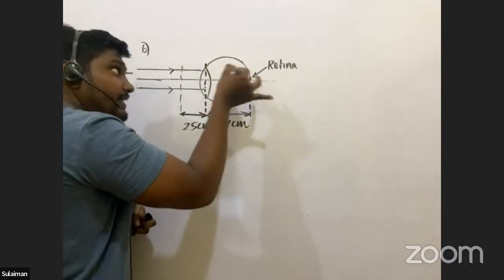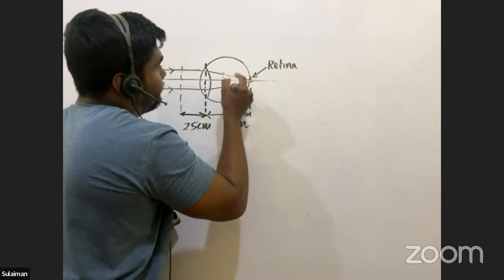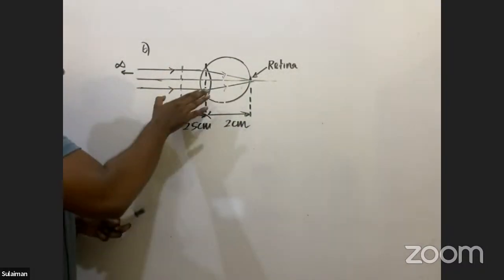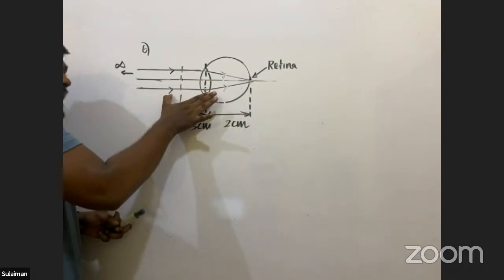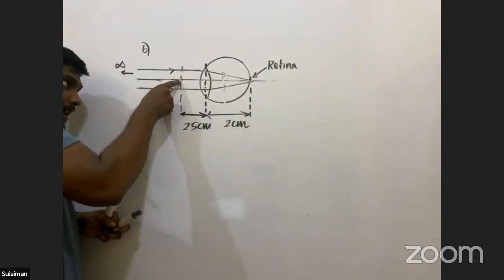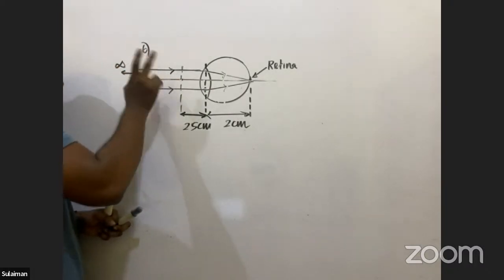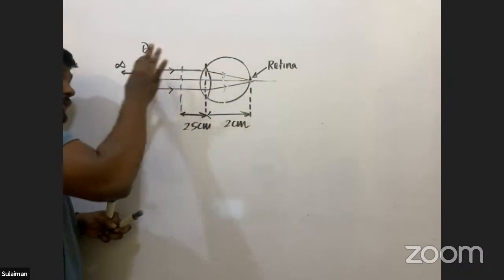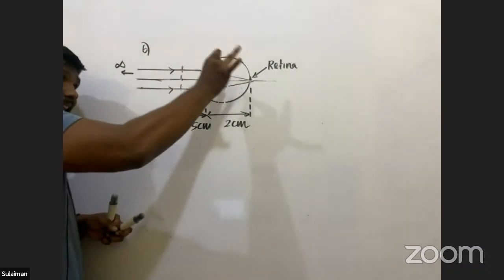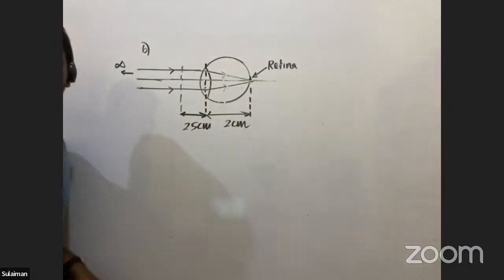So if the diameter of your eyeball is 2 centimeters, even when the object is at infinity, this person can see it, because the light rays converge exactly at the retina.